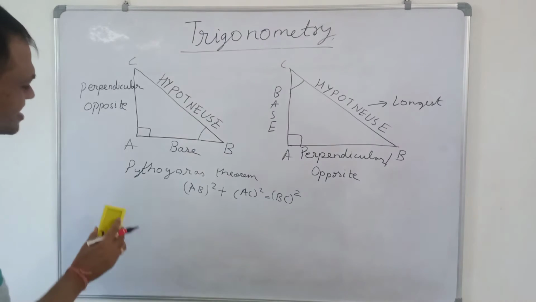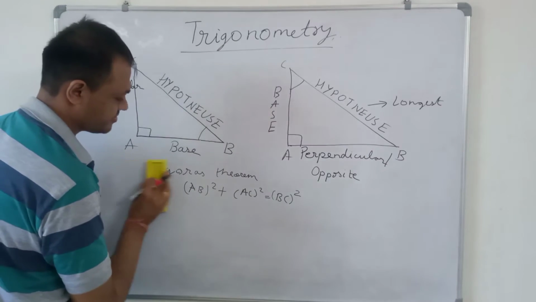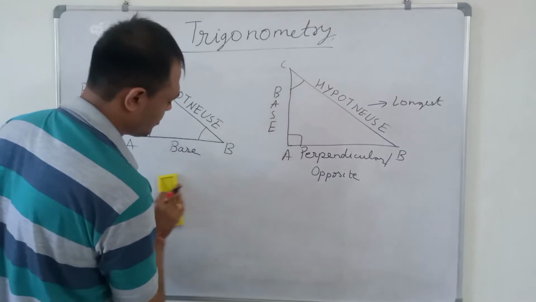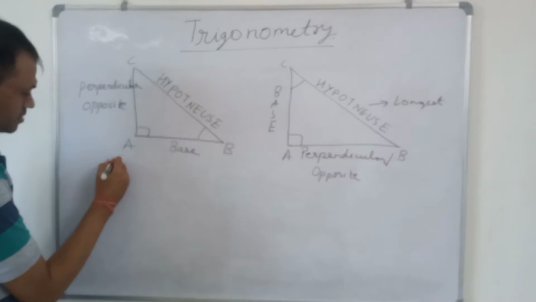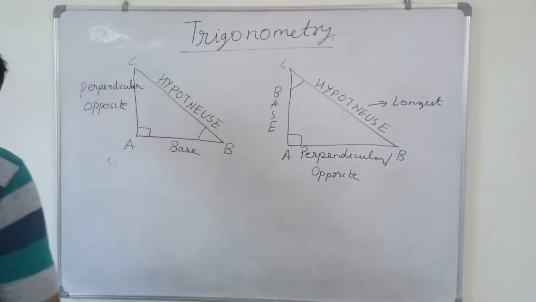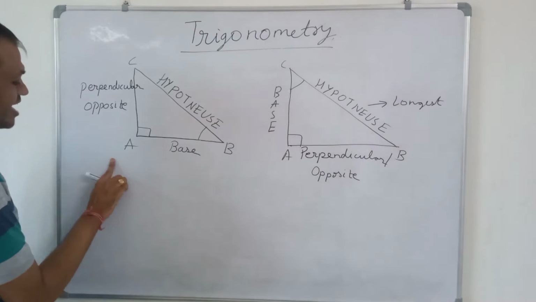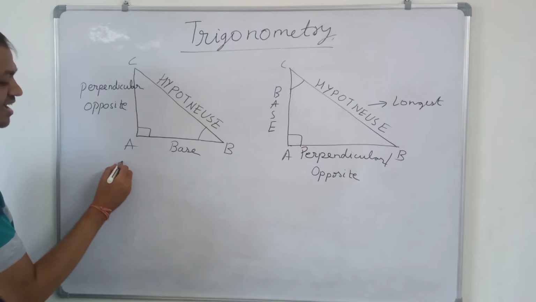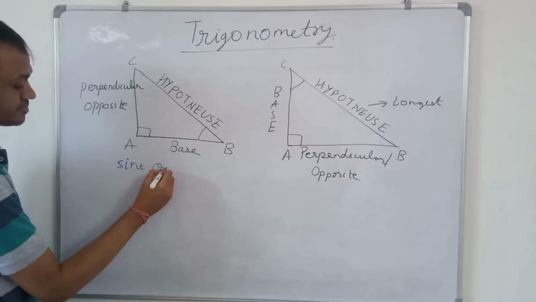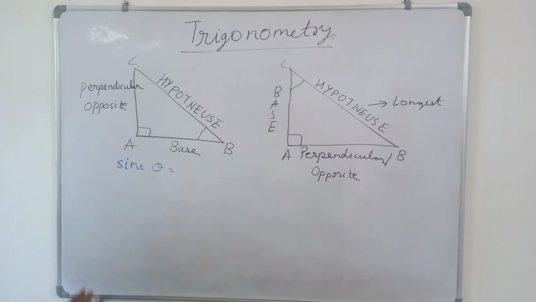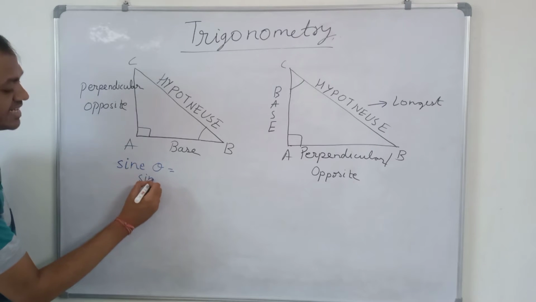Now we will define the trigonometric ratios. There are basically 6 ratios which are defined. First is sin. Sin theta, its full form is sine.